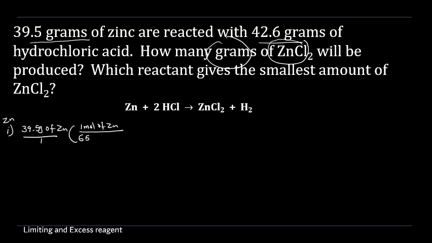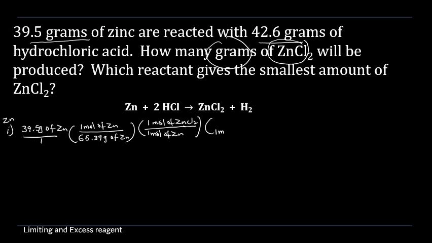If you look in the periodic table, you can see the molar mass of zinc is 65.39 grams of Zn, and then I will connect that with the equation. That means 1 mole of zinc, the stoichiometric relation between zinc and ZnCl2 is 1 mole of ZnCl2. I will not stop at moles because they said grams, so I will convert that into grams.